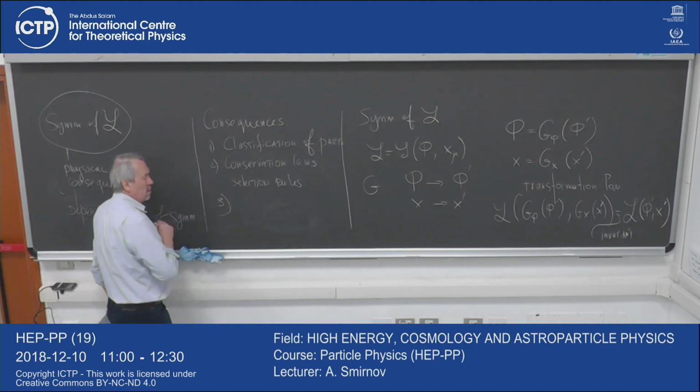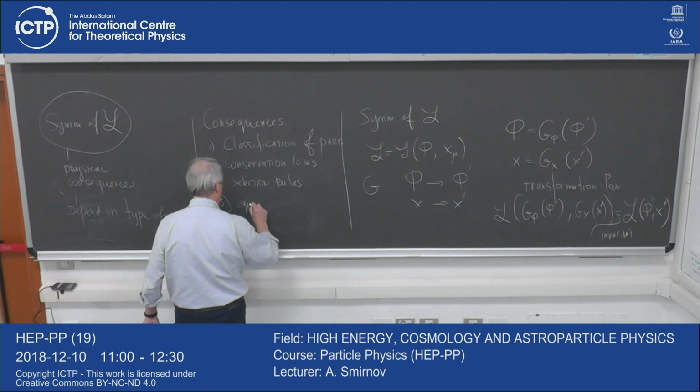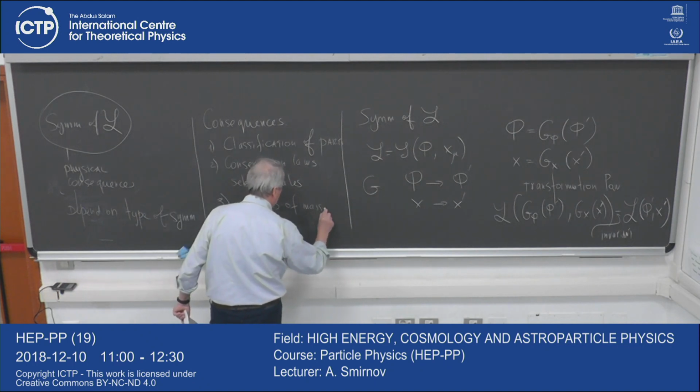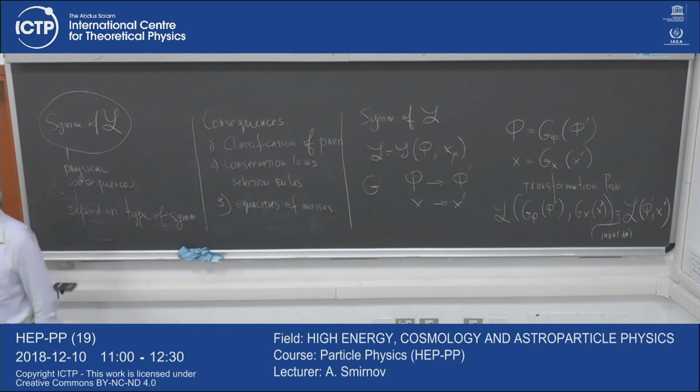Symmetries lead to equalities or relation between masses. Like equalities or approximate equalities of proton and neutron mass, or equalities of the masses of pi plus, pi minus, and pi zero.